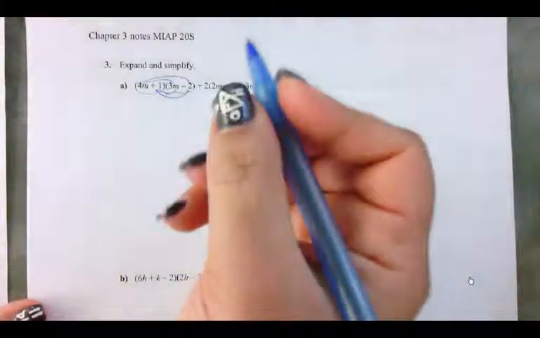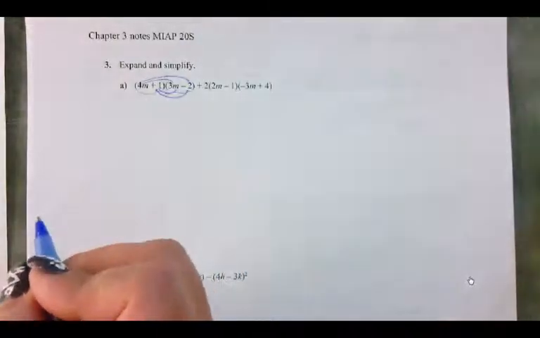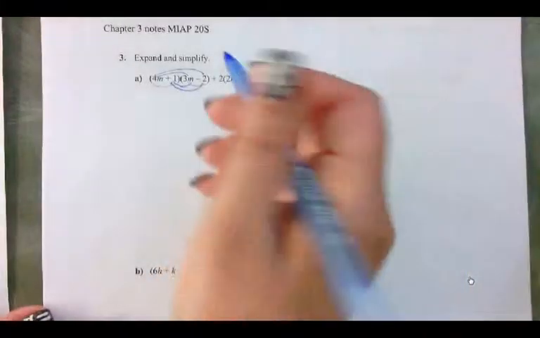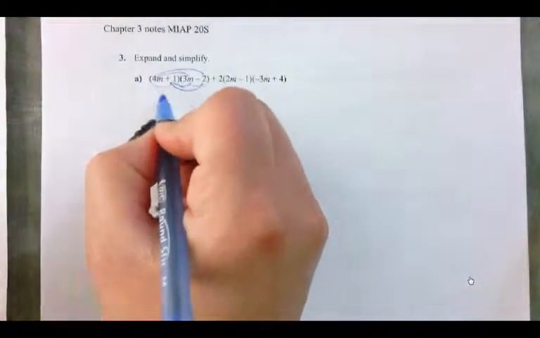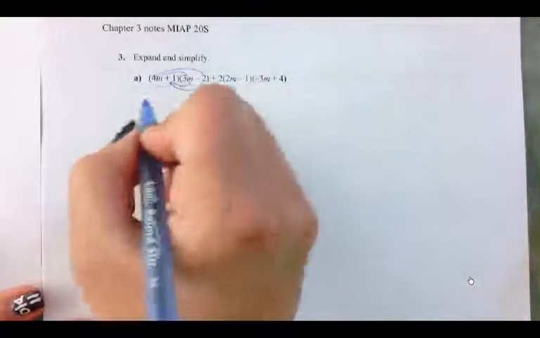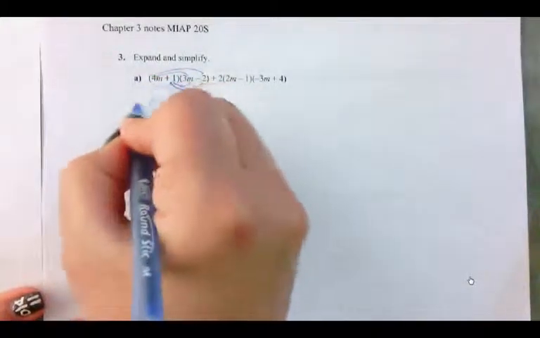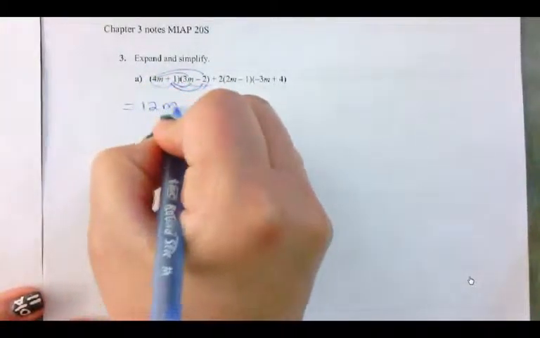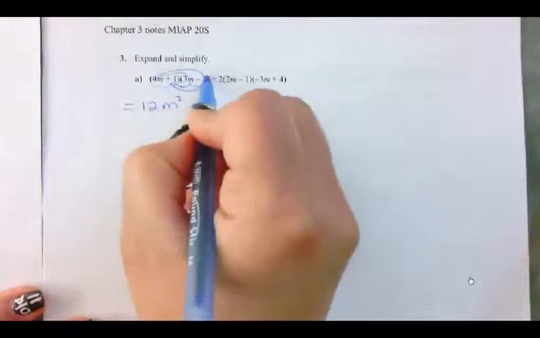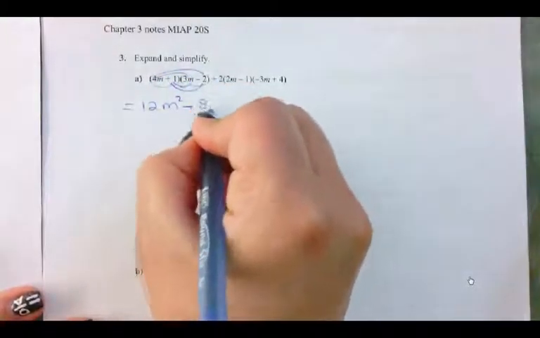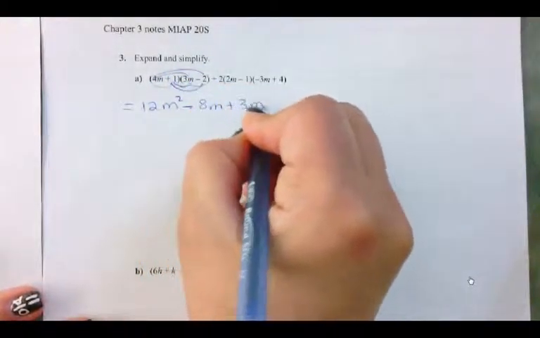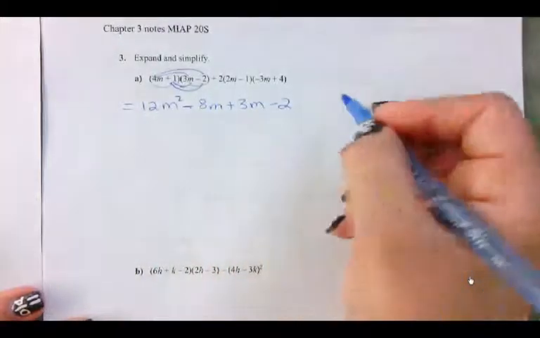So we call that FOIL sometimes because it's the first, inside, outside, last. And it's just referring to where it's placed in the bracket. So let's run through that first. So it's 12m squared minus 8m plus 3m minus 2.